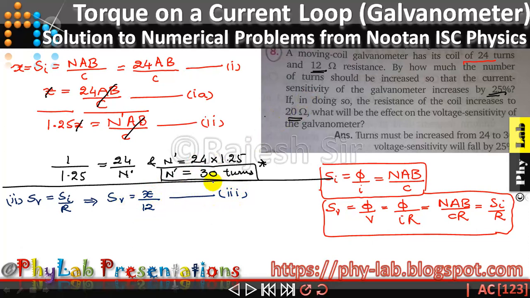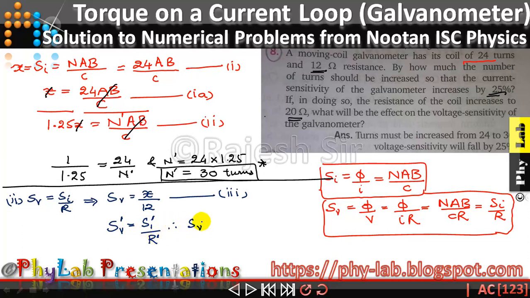Once the current sensitivity is increased, the resistance also got increased, so the voltage sensitivity would also change. So I'm putting the new voltage sensitivity SV dash equal to SI dash upon R dash, isn't it?